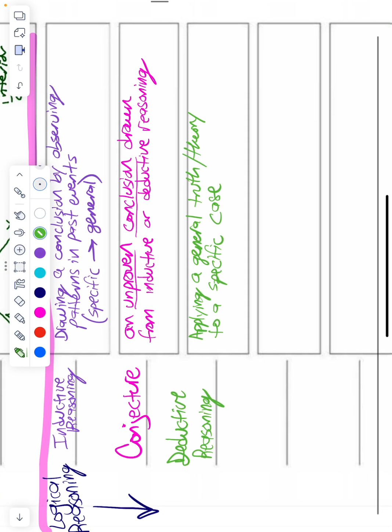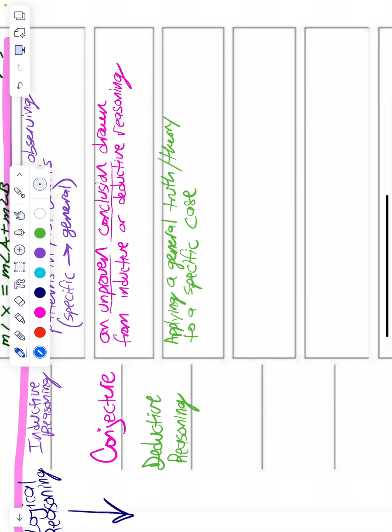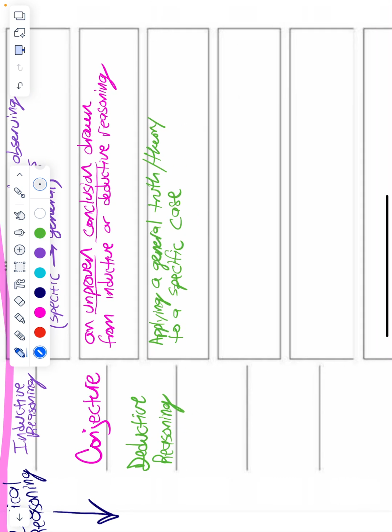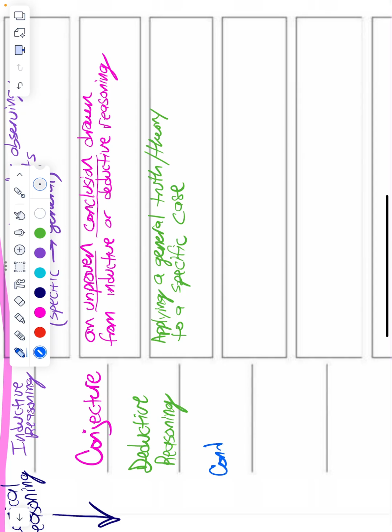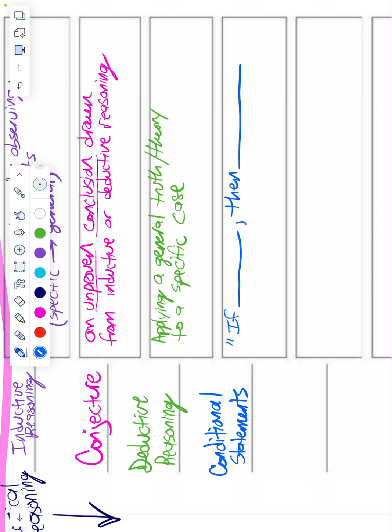Often these conjectures are written, and we've actually already seen some of them, as what we call conditional statements. And these are worded this way. The general structure, now we can manipulate them a little bit, but in general, if something, then something is called a conditional. And this has 2 parts.